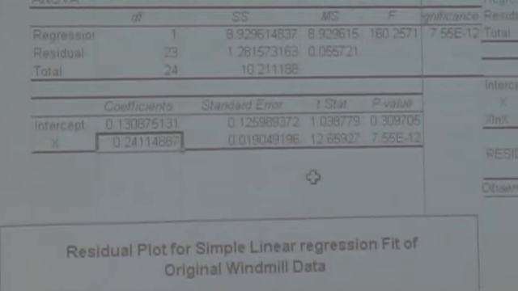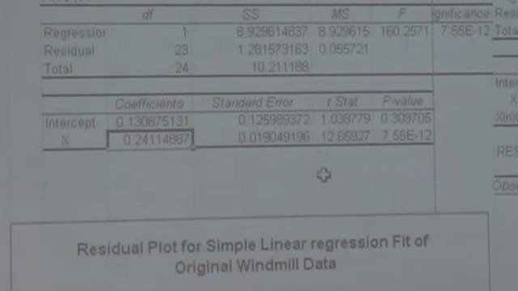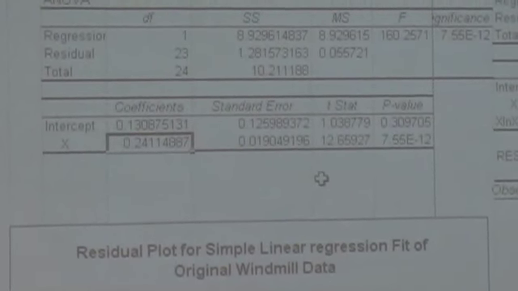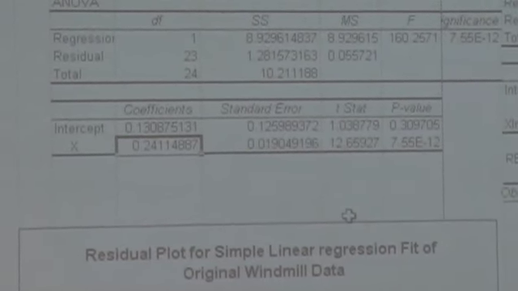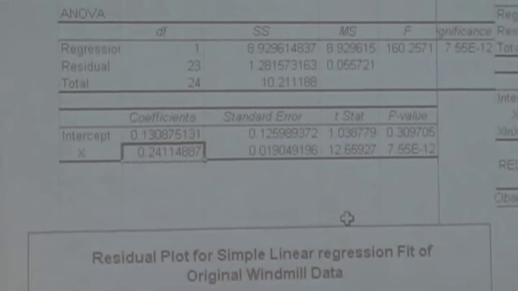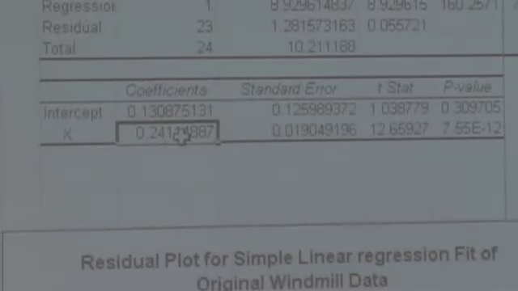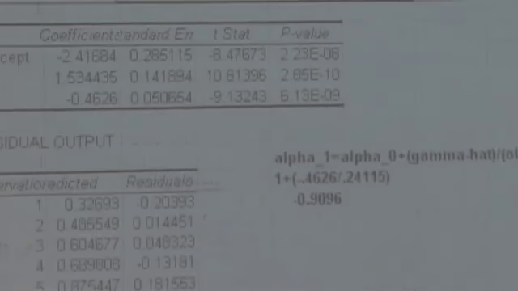That's my initial slope that I plug into my formula for alpha 1, which is alpha naught plus gamma hat over beta sub 1 super 0. So that's what I've done over here.